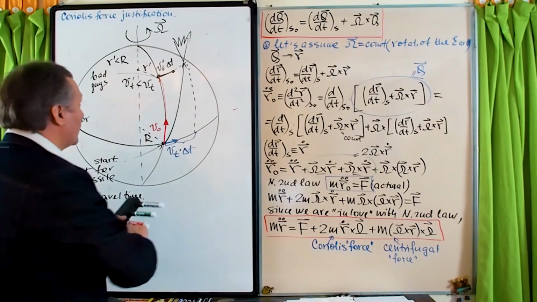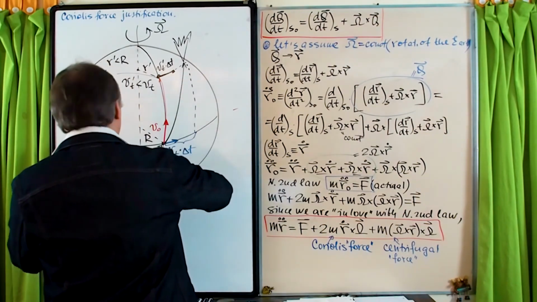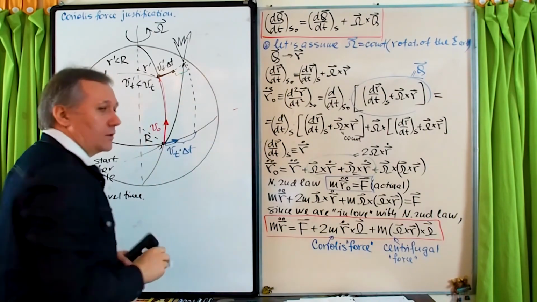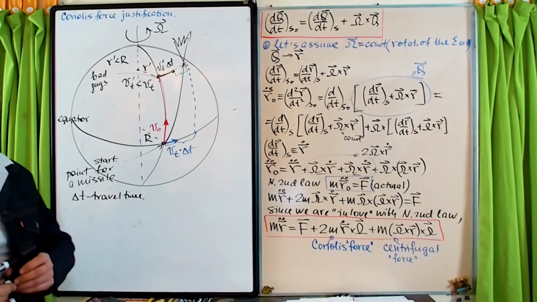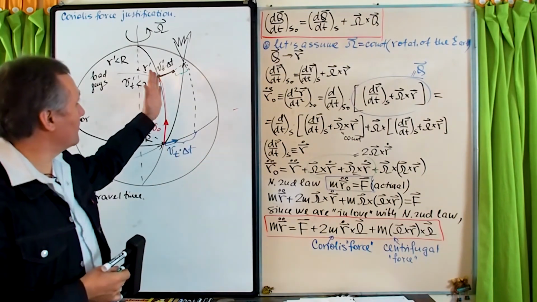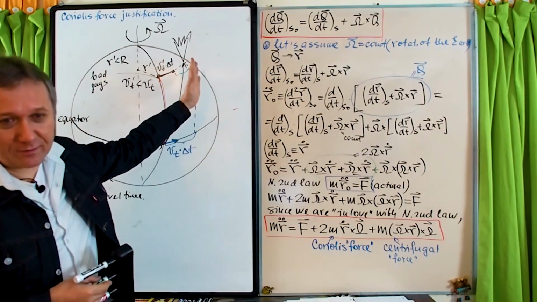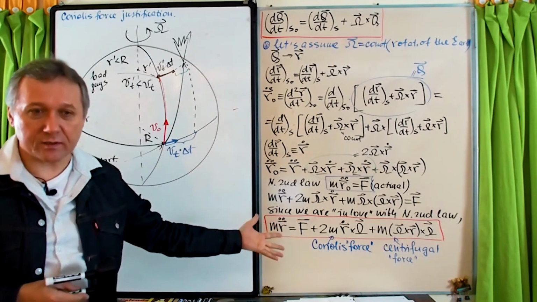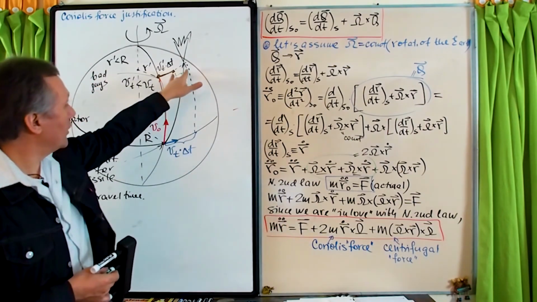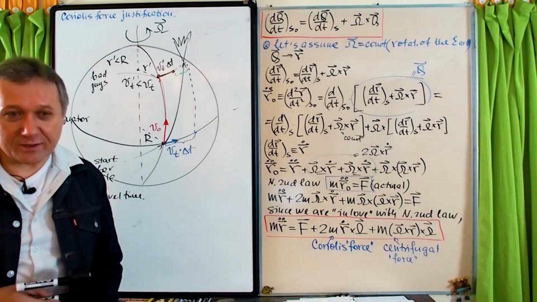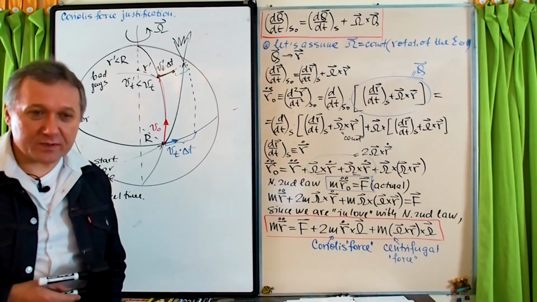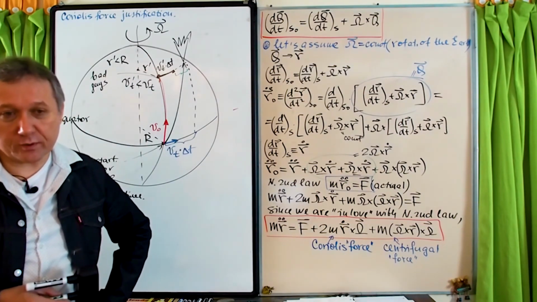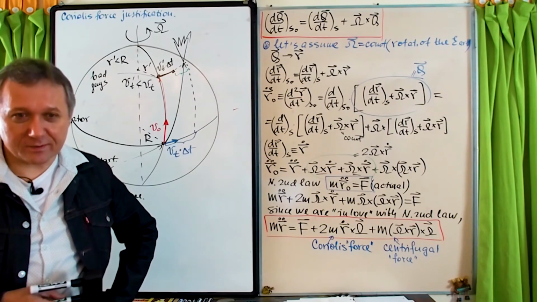In order to explain this sort of deflection of the missile from the target, the Coriolis force was introduced. Actually, not introduced; it's convenient to use the Coriolis force to describe this additional displacement of the missile relative to the point where the target is.